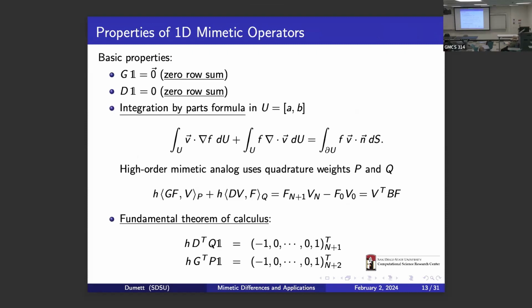Okay, so basic properties of this. First of all, the gradient of a constant scalar field is 0. If I suppose I have a scalar field equal to 1 everywhere and I apply the gradient, that should be the 0 vector. And that happens: G times 1 is 0. So this is replicating the property of the continuous. How do I know I have this?